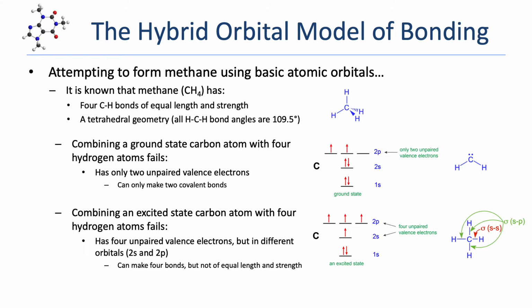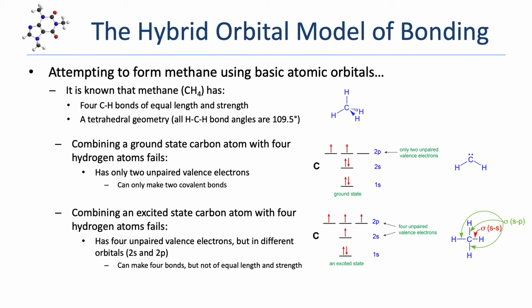And they're longer and therefore weaker than the s to s overlap because we know that when you have more s character going into an orbital, you wind up making a stronger bond. So those 3 sigma bonds that are formed from the sp overlap are in fact going to be longer and weaker bonds than the sigma bond formed from the s to s overlap on carbon and hydrogen. So while this is closer to methane than we had originally, it's still not methane.